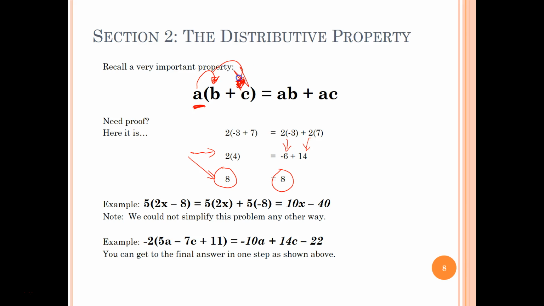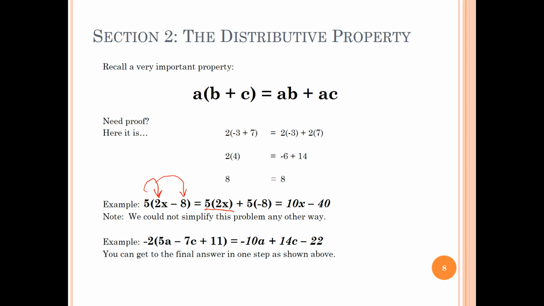Now, there's a few different ways to go about this process, and this is what I want you guys to be really, really comfortable with. If we look at this example, notice what we have here is 5 times 2x minus 8. So we multiply the first terms together, 5 times 2x.